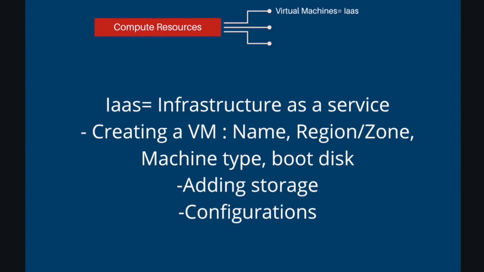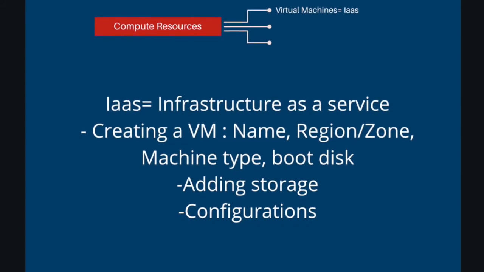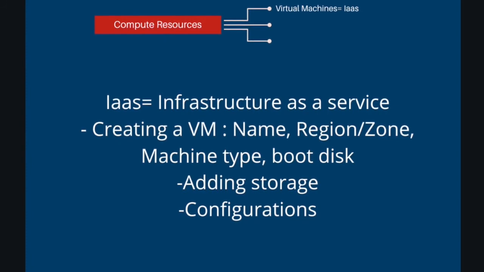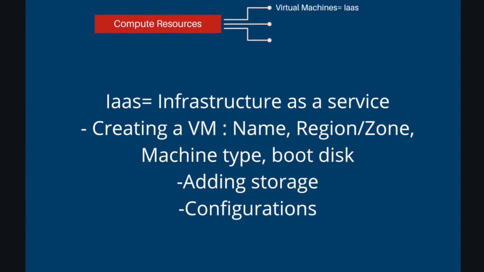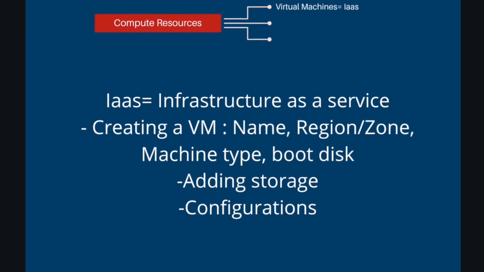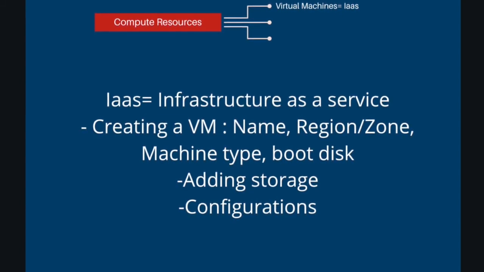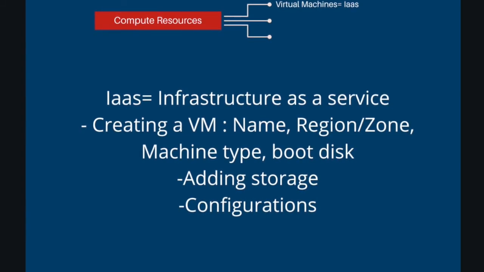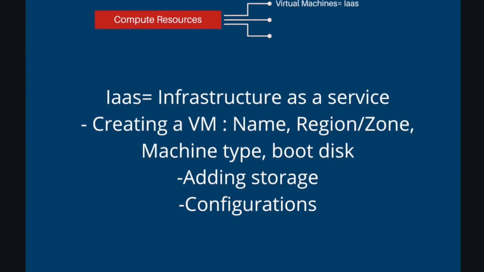You can choose a region or a zone, and remember from our last definition what regions and zones are. Then you'll be able to choose a machine type, which specifies a CPU and memory, and finally you can choose a boot disk. It doesn't end there though.